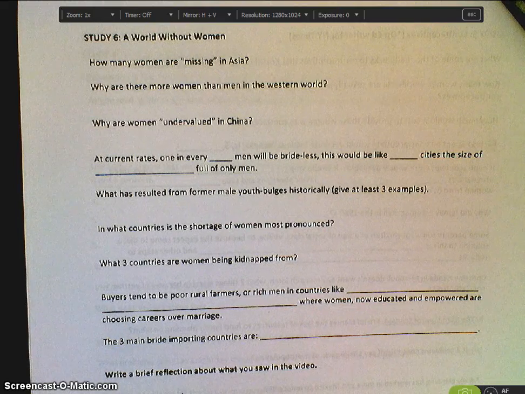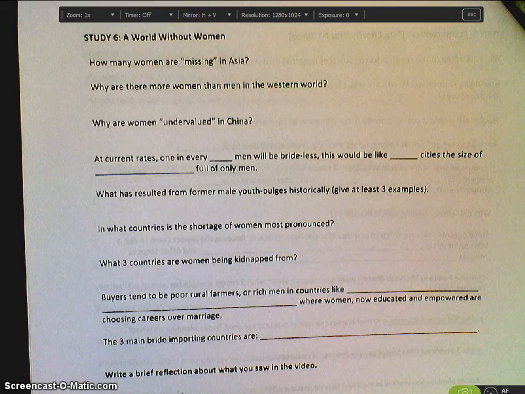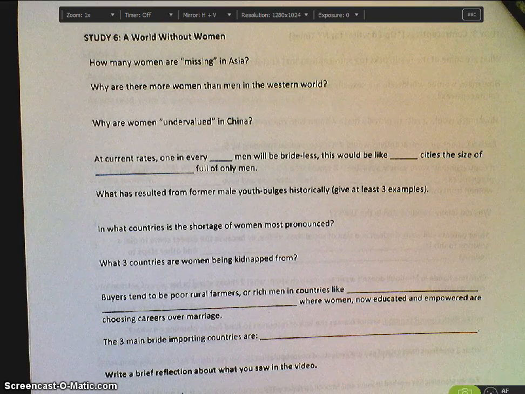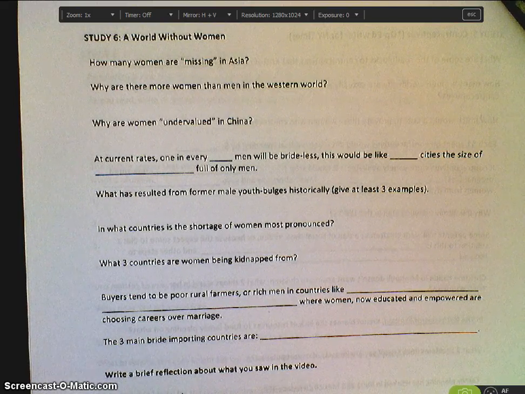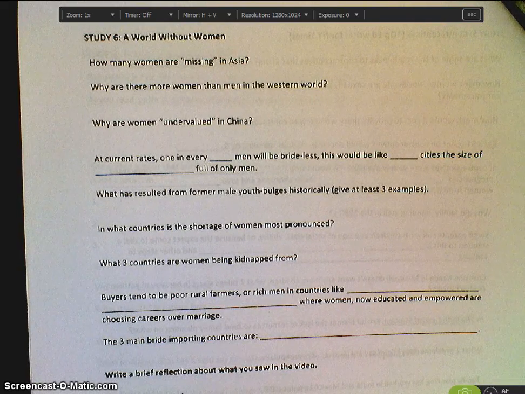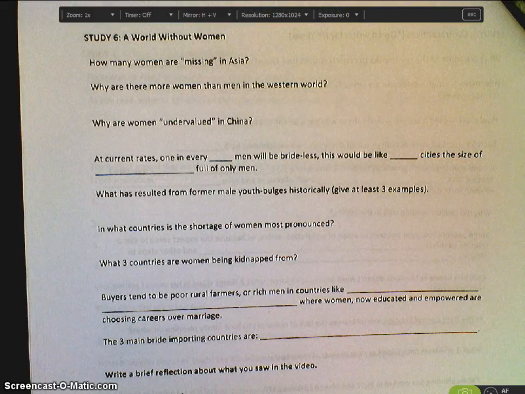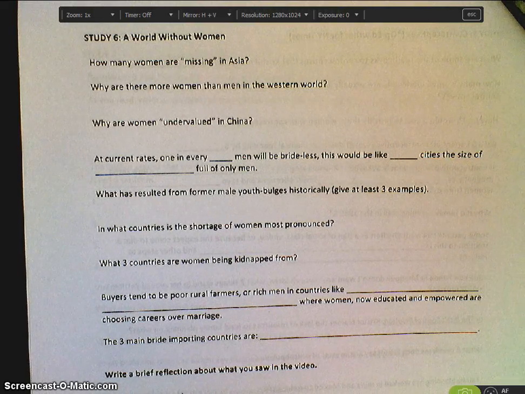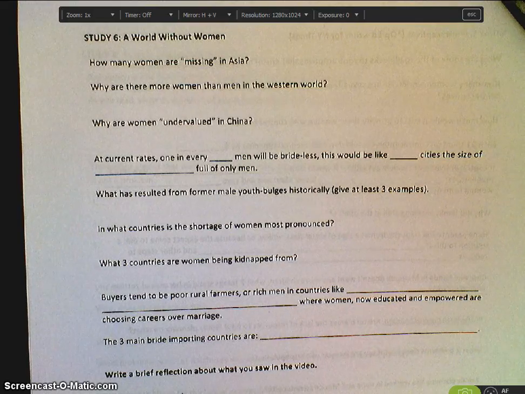Remember also that Christoph talks about a world without women in case study 5, talking about how we get things like extreme Islamist terrorism because of countries where you have too much testosterone. It might sound crazy, but you see it again in case study 6.